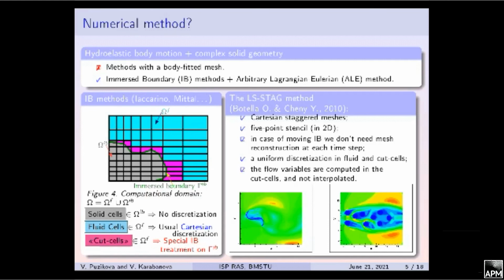Numerical analogs of conservation laws satisfaction in all fluid domain cells is a basis of LS-STAG discretization construction, which allows to obtain a physically realistic numerical solution. For these reasons, the LS-STAG method is used in the present study for simulation of tube bundle flow-induced vibrations.